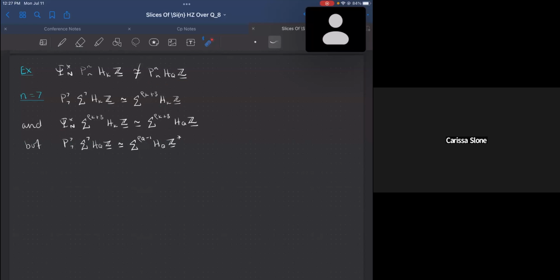Now, if we inflate this rho k plus 3 suspension of HKZ, well then we still get a rho k plus 3 suspension, and HKZ inflates to HQZ. However, if we take the 7 slice of the 7-fold suspension of HQZ, we get a rho q minus 1 suspension of HQZ dual. And these two spectra are very much not the same.